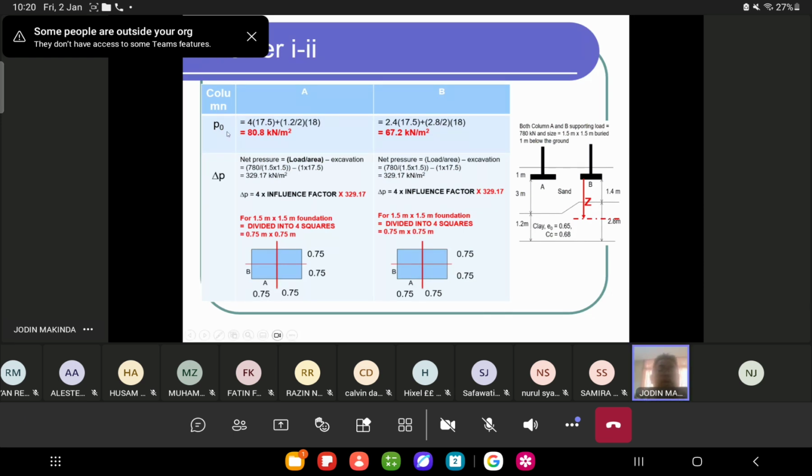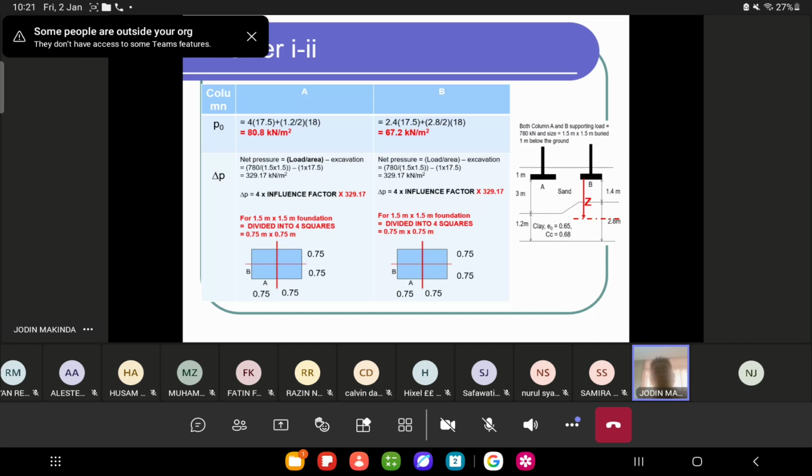Next, after you find P naught, what do you have to do? Calculate the stress increment. For stress increment, the formula is net pressure equivalent to load over area minus excavation.